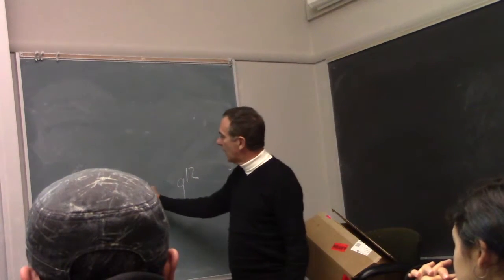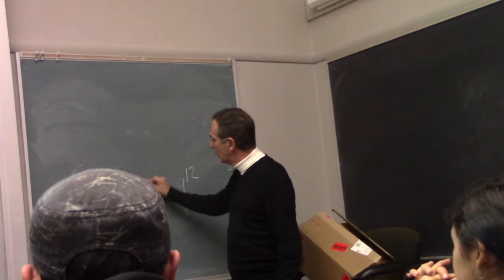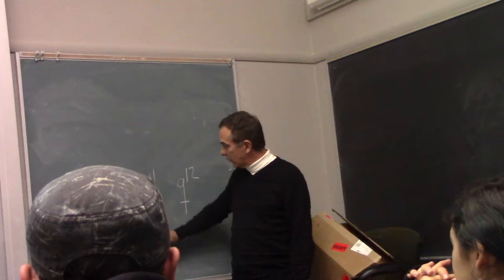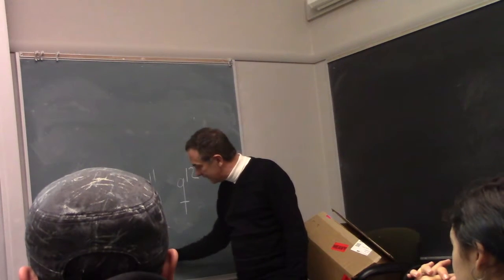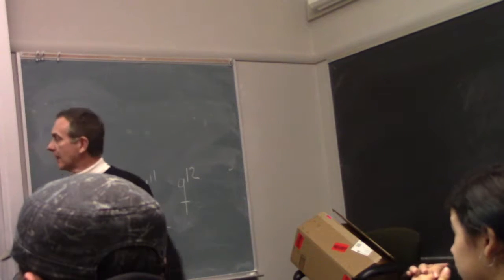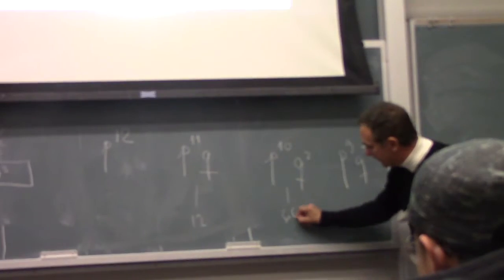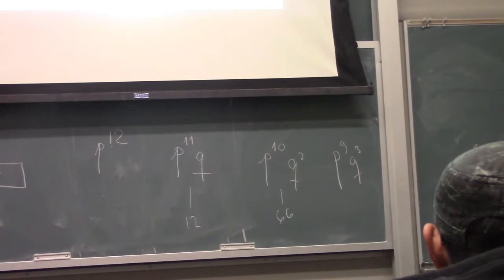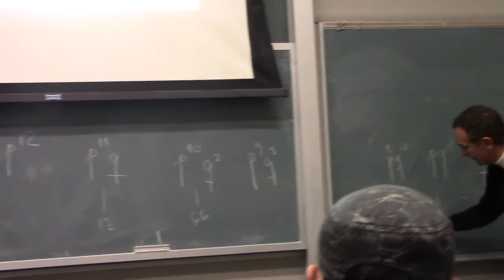Adjacent to it, you have P Q to the 11th. By the way, there are 12 of these guys, as there are 12 of these guys. There are 66 of these guys, as there are 66 of these guys.